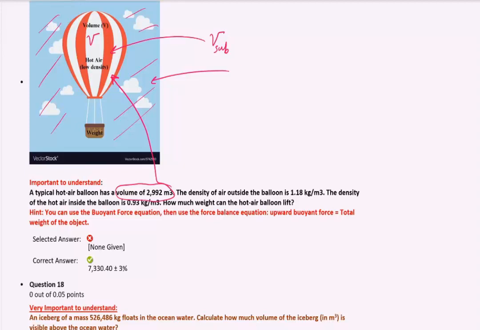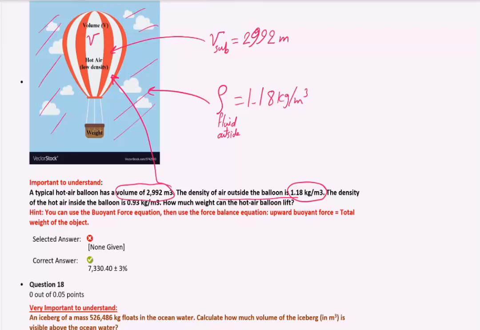So the density of the air outside the balloon is 1.18. So the density of the fluid outside, which is the air outside, equals 1.18 kilogram per cubic meter. And the submerged volume, which is the volume of the balloon, is 2992 cubic meter.